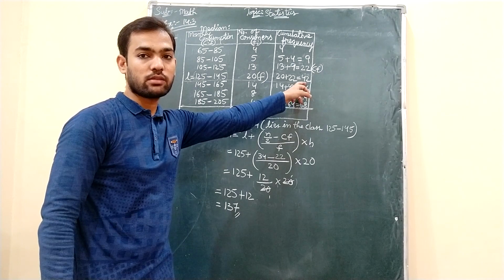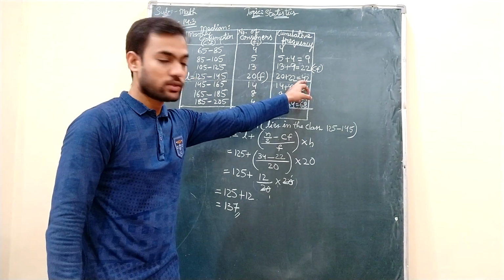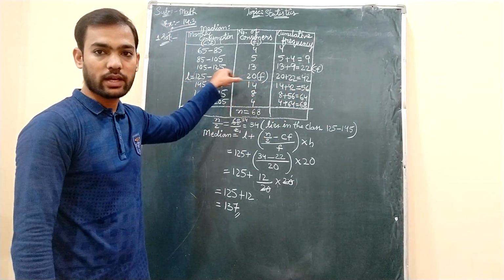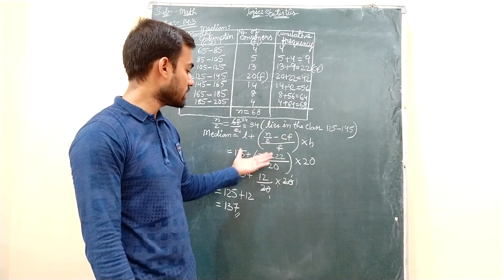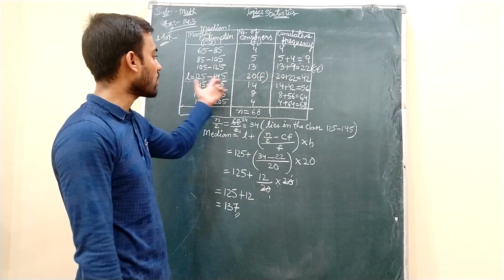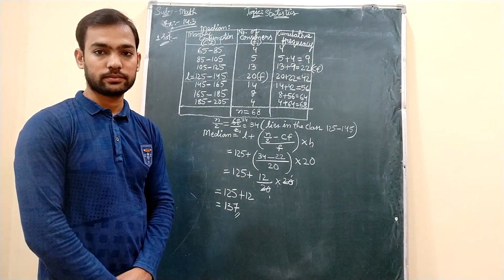This is the value which is more than 34. Exact 34 we are not having. More than 34 is this one. So this 34 is lying under this class 125 to 145. That is the reason we got all these different values, L value, F value, H value, CF value, depending upon all this data. So now you can note down all these things.